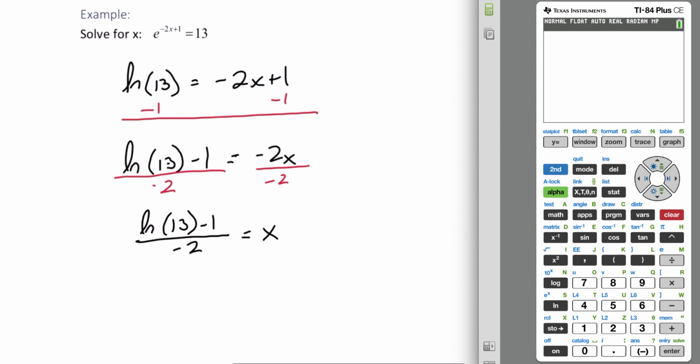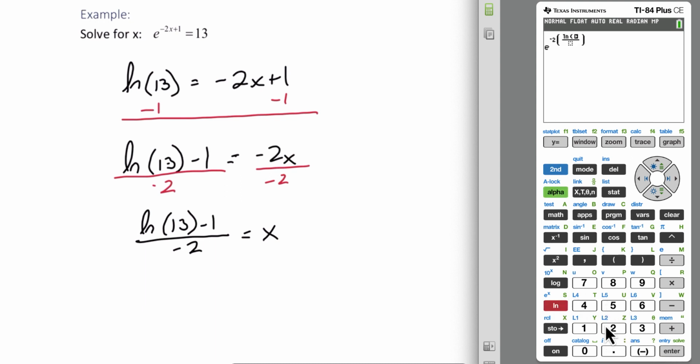So to check this, we'll go to the calculator. Typing in the original equation, we have second e, that's raised to the negative 2 times x. Since x is a fraction, I'm going to put that in parentheses and use the alpha y equals number 1 to get that fraction.